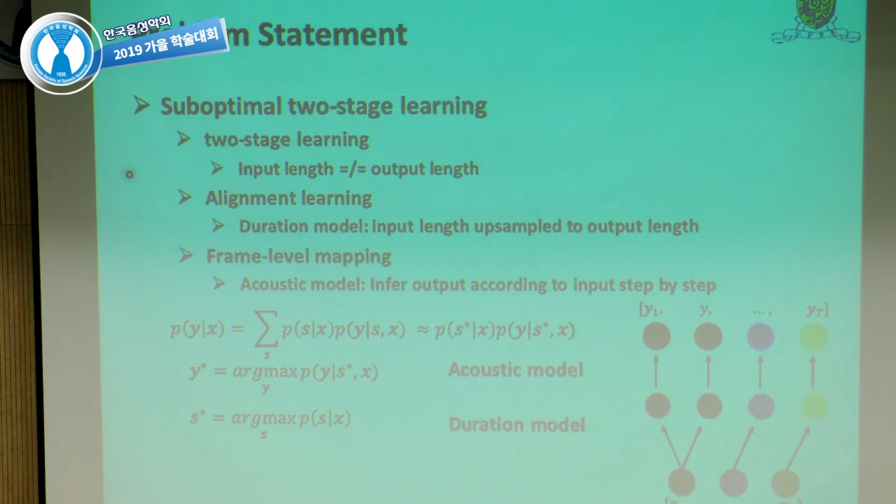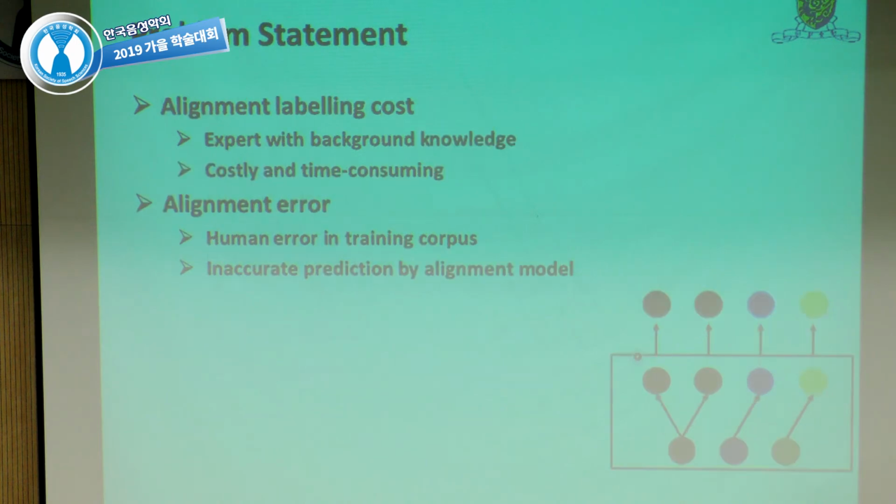In the previous model, we use a duration model to predict what's the duration for this unit, and what's the duration for that unit. Then based on this duration, we upsample the input linguistic feature to the output acoustic feature, and then we do the mapping with the acoustic model. There is some problem here, because we rely on alignment labels to do the duration model training and also the acoustic model training.